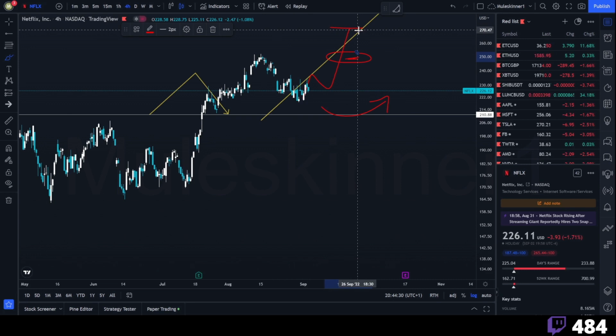The worst case scenario is you're going to make money off this trade. That is your worst case scenario. So if that is the case, it means your trade is in profit. You can move on to the next trade and do the same thing with the next trade and then move on and so on and so on.